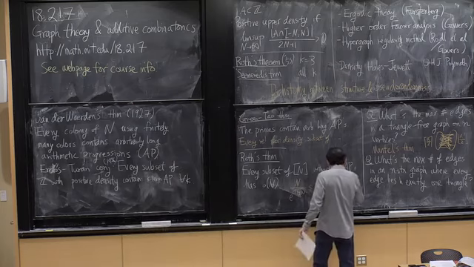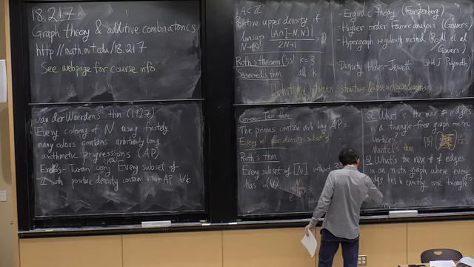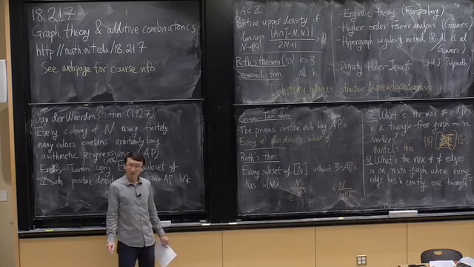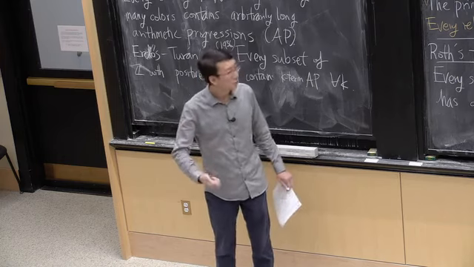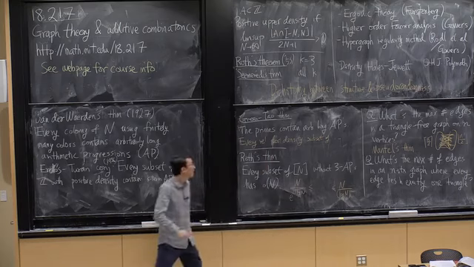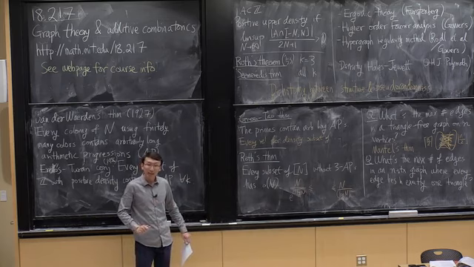And the best upper bound is of the form roughly n over log n. It's maybe a little bit hard to think about how these numbers behave. If you raise both sides to e to the something, then it's maybe easier to compare. But it's still a pretty big gap.